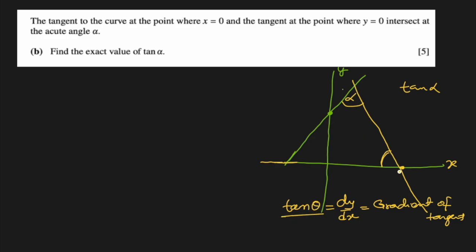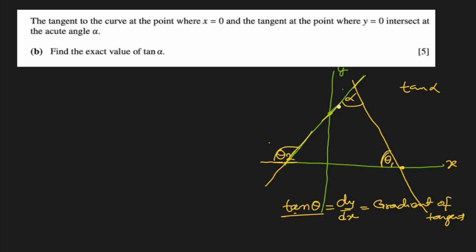If this tangent is making this angle, let's call it theta 1, tan theta 1 will be equal to dy over dx. This is the second angle they are making, let's call it theta 2. So tan theta 2 will be equal to the gradient of this line, right?